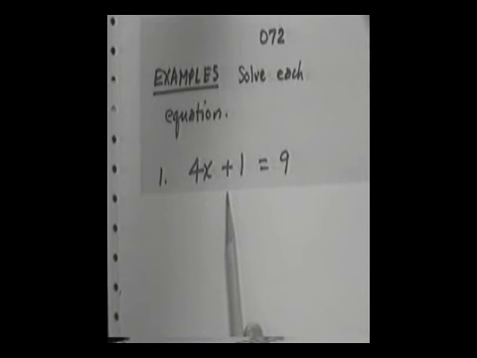We must undo the extras so that we can get the x by itself. The procedure we must follow is first to eliminate the term that is on the same side of the equation with x. We eliminate the term 1 that is added to x by adding its opposite.